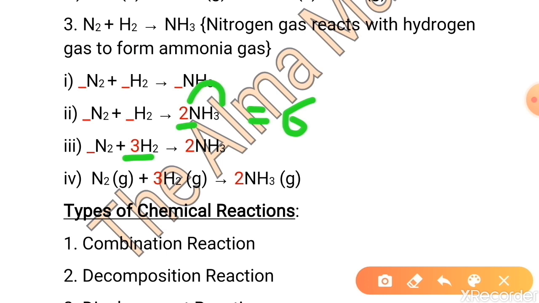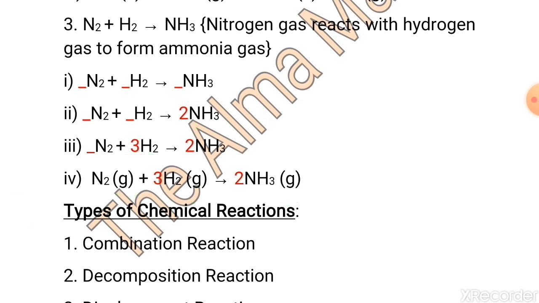Now your reaction N2 plus 3H2 gives 2NH3 is balanced, and as we have discussed, we have to place the states. That is why I have placed g along with the formulas of the reactants.